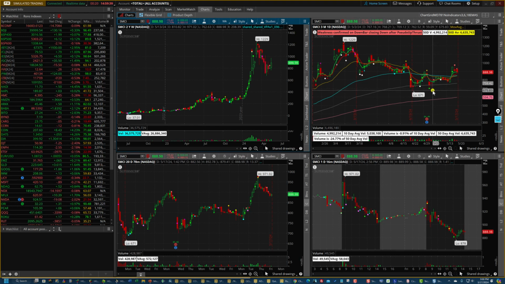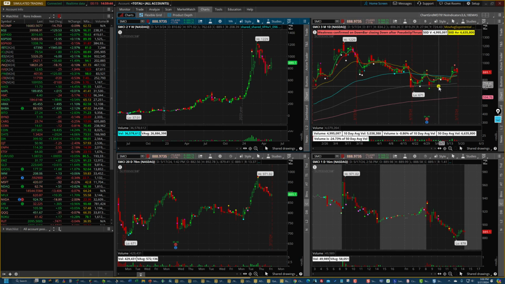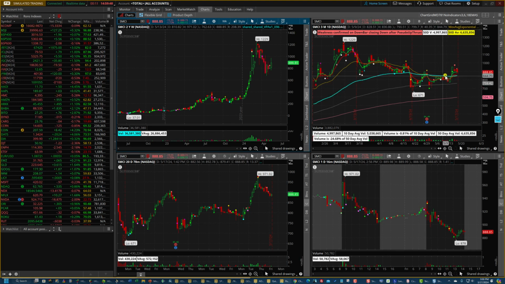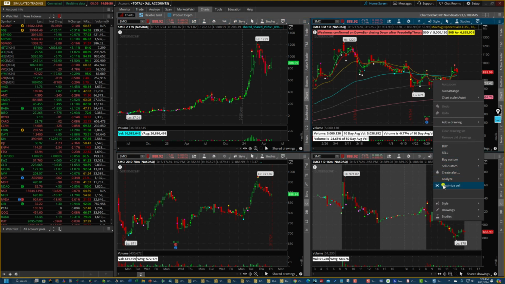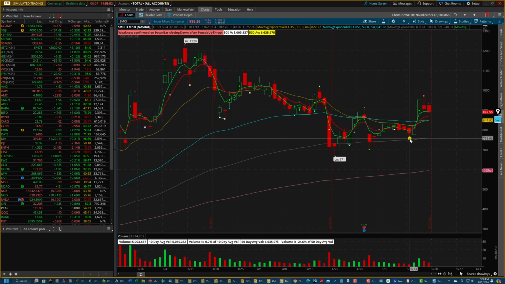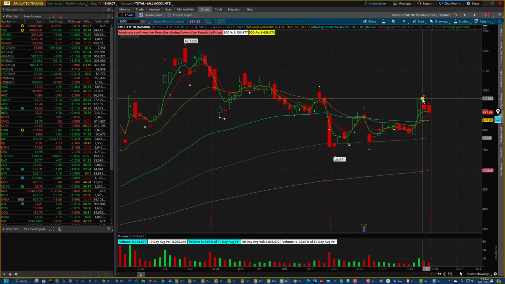I saw this move up here, and I thought it was going to go up, and then it sold off hard. Let me make this full screen. Down here, and then 3 days ago, or 4 days ago, it rallied and came back, and here's where, let's see, actually I would be ahead now.